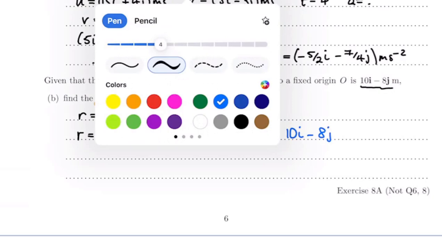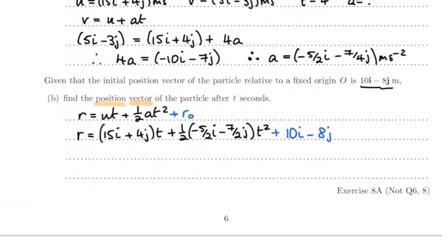So I'm just going to sort that one out. I will pull all my i's and j's together.